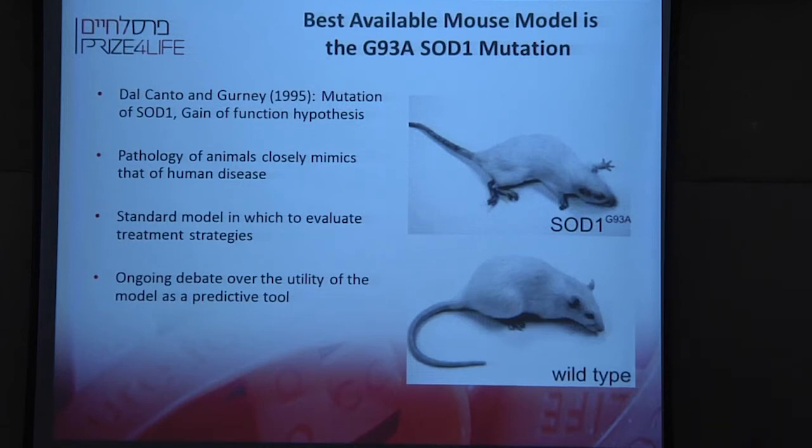The SOD1 mouse model has one benefit: the clinical characteristics are very similar to ALS. These mice live normally, and then at about the age of 100 days, they start to very rapidly deteriorate in motor function. They become paralyzed. They also lose weight rapidly, which is another hallmark of ALS.